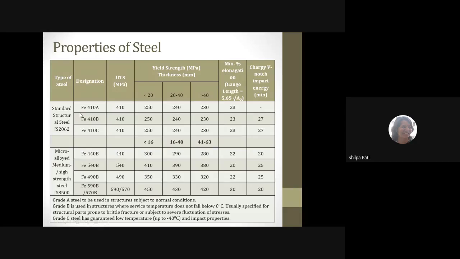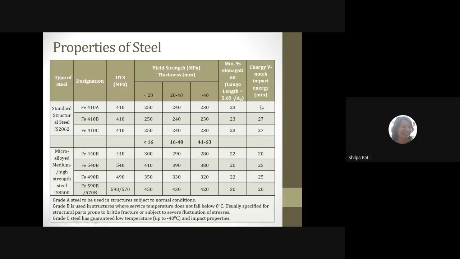Now for normal condition, for our design purpose, we will be using the first row value always, that is A grade steel, Fe410 A grade. Okay, so let us see what the properties are. Its Fu value is 410, its Fy value is 250. The percentage elongation is given as 23. Charpy V-notch impact energy is not mentioned over here, but it is around 27 only.